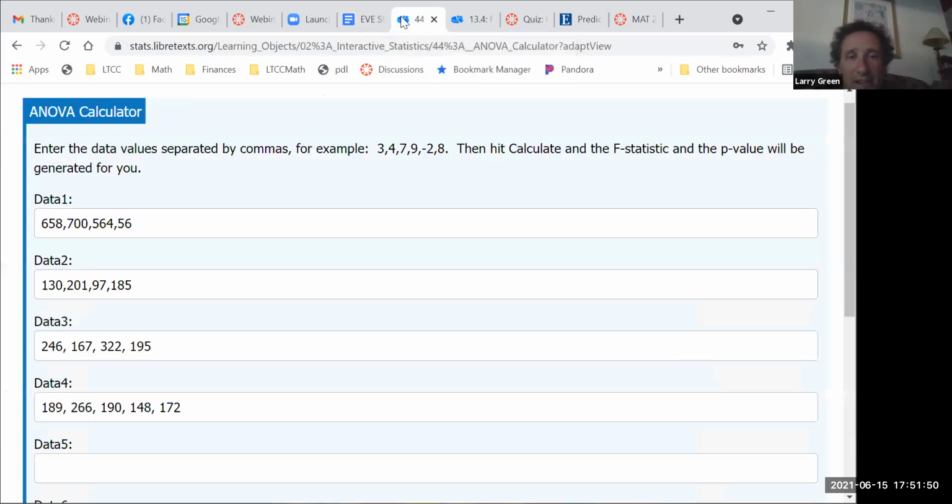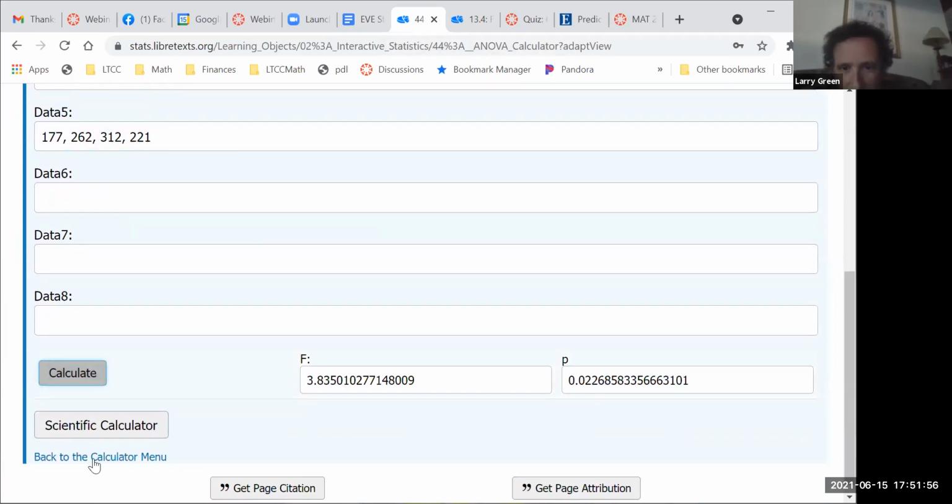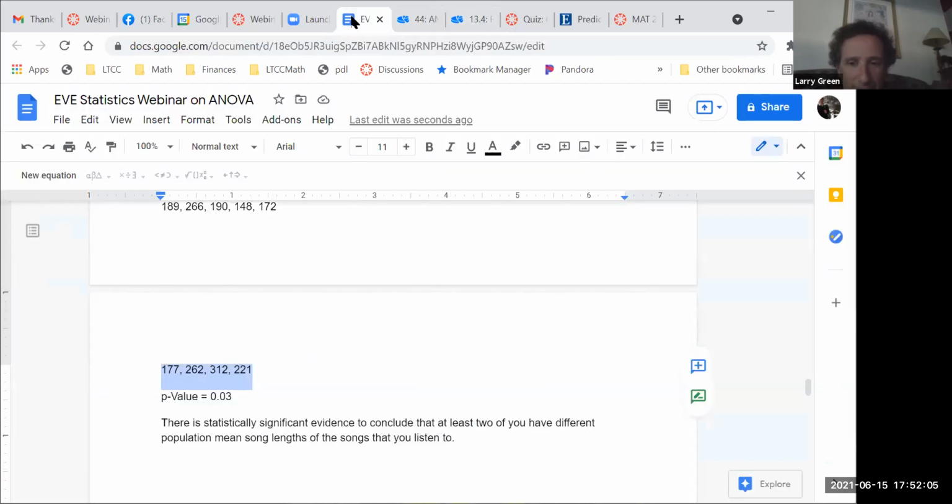Now let's see if it changes anything. So let's do it. Ah, didn't change much of anything. In fact, now we even have stronger evidence, 0.02 instead of 0.03. So we're good. The p-value is 0.02 now. Good rule of thumb, never do anything in a rush if it means anything, because I rushed through this in terms of getting the data in.